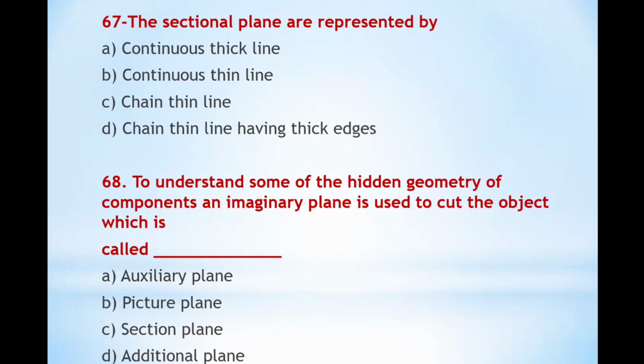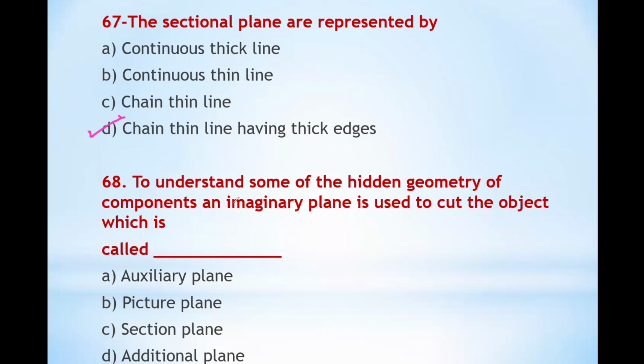Okay, we know all these types of lines, and the sectional planes are represented by the chain line itself. But the edges we make thick. So that's why our option D will be correct here.